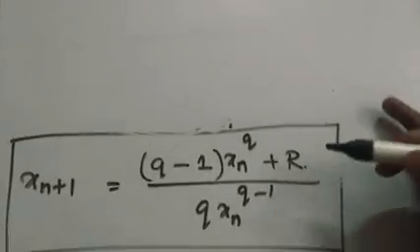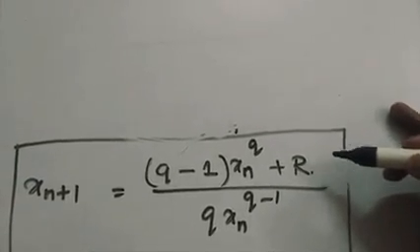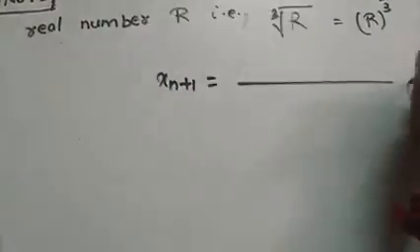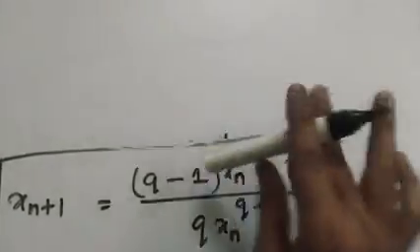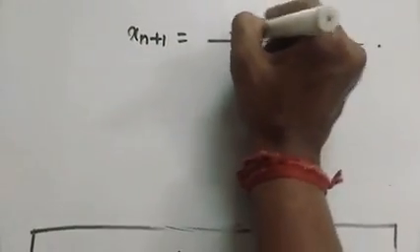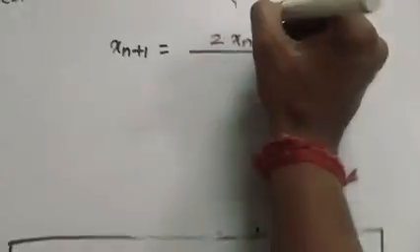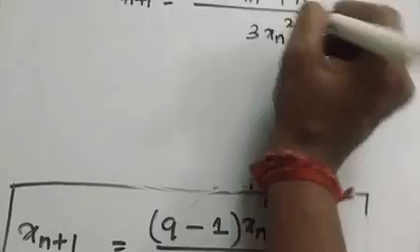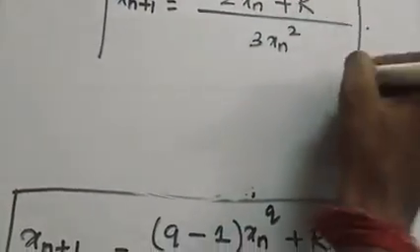So in the main iterative formula we are going to put q equals to 3 and we will get our formula for the cube root. Now putting q equals to 3, 3 minus 1, 2, xn to the power q is 3, 3 plus r, putting q equals to 3, 3 xn square. So this is the formula for the cube root.